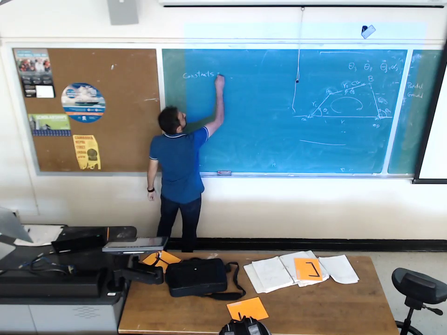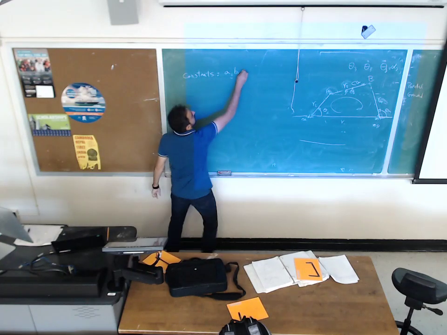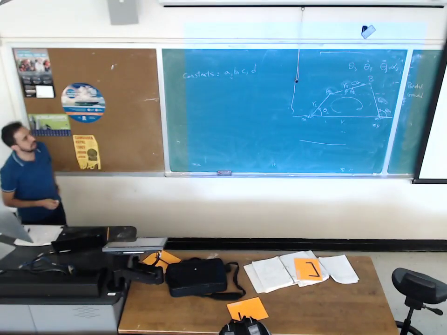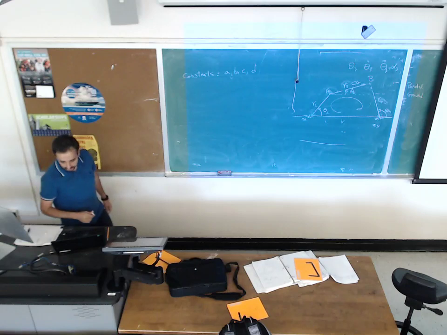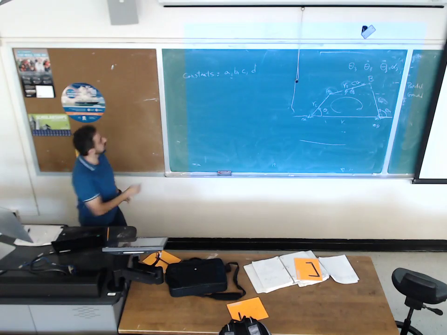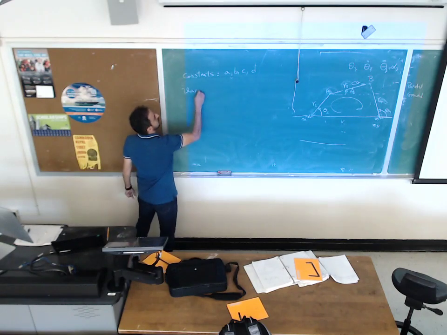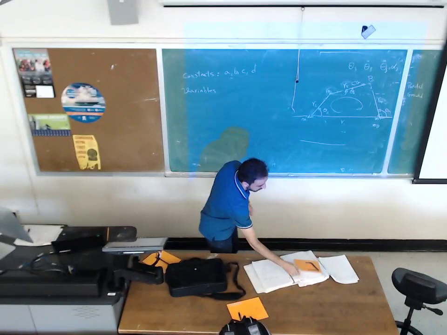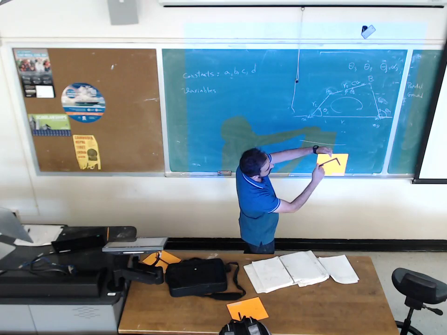The lengths of the links are not changing: A, B, C, and D. A is R1, it can be R1, B R2, C R3, and R4. And variables: whatever is varying when the mechanism is moving is a variable.